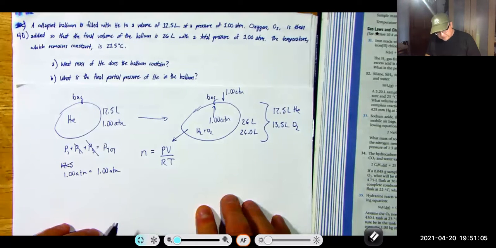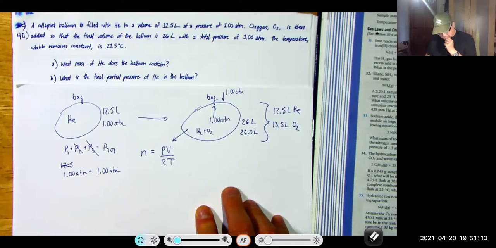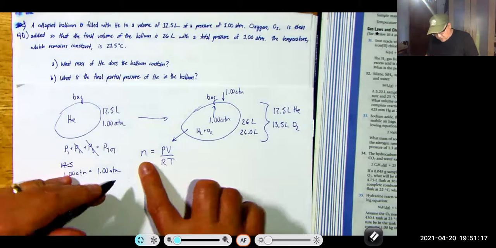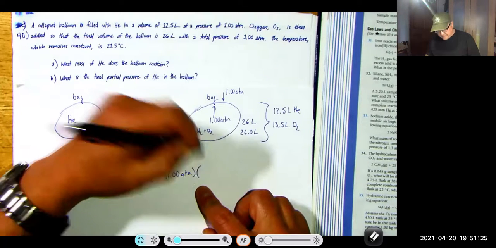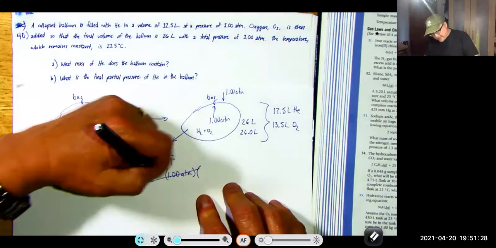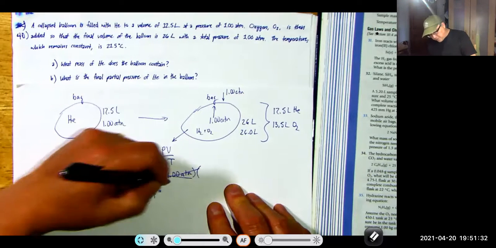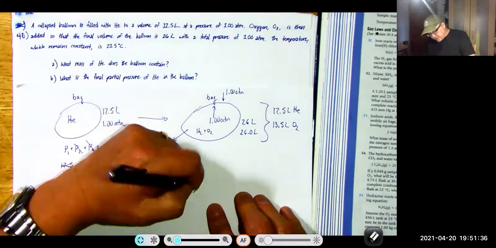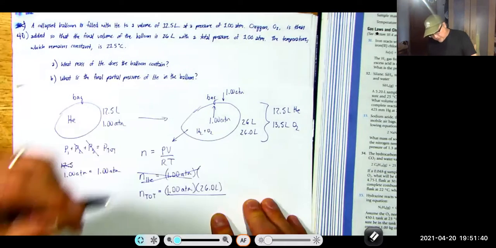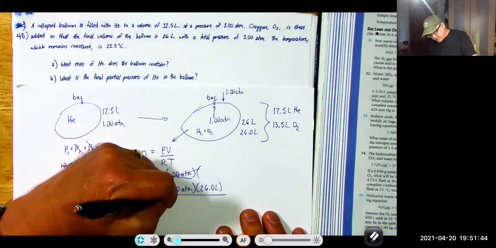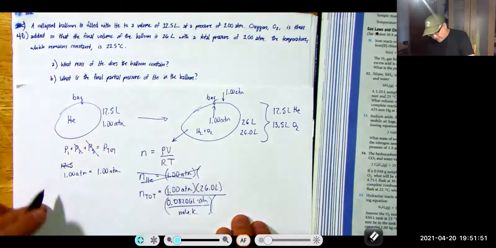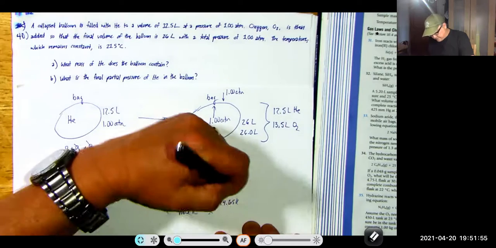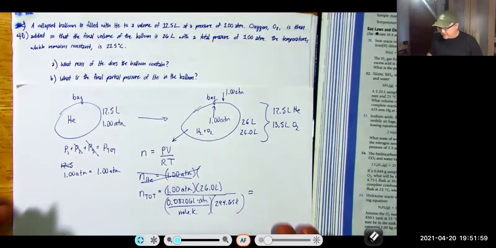So here, that means that the moles total is 1.00 atmospheres times 26.0 liters over 0.08206 liter atmosphere per mole K and 294.65 K. So what I'm doing here is I'm finding out the moles total, correct?